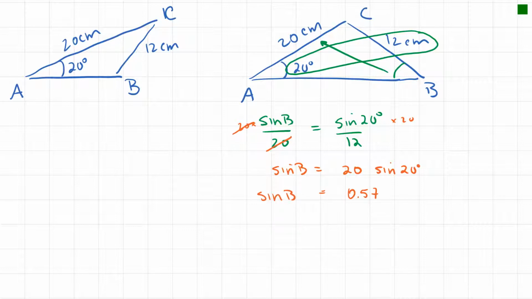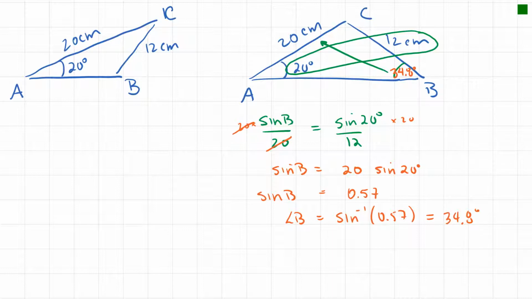Now to get B all by itself, I've got to get rid of the sine, so I take the inverse sine of both sides. So if I take the inverse sine of 0.57, I get an angle of 34.8 degrees. So that means that this here is 34.8 degrees.